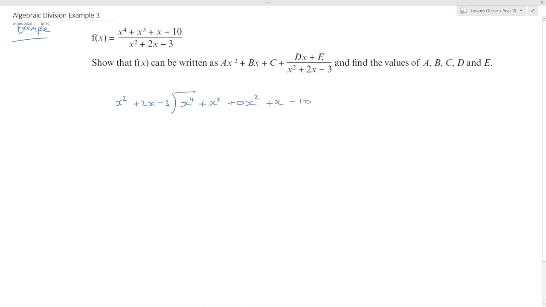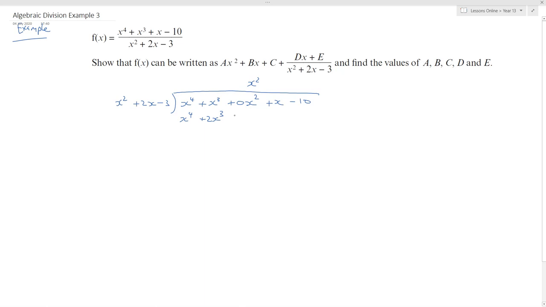Now I need to divide, so I'll complete my bus stop. What do I do to x squared to give me x to the power of 4? I multiply it by x squared. So x squared times all 3 terms in turn. X squared times x squared is x to the power of 4. X squared times 2x gives me plus 2x cubed.